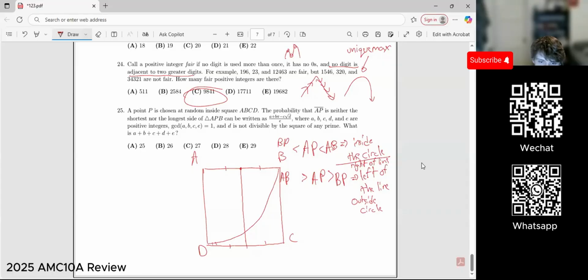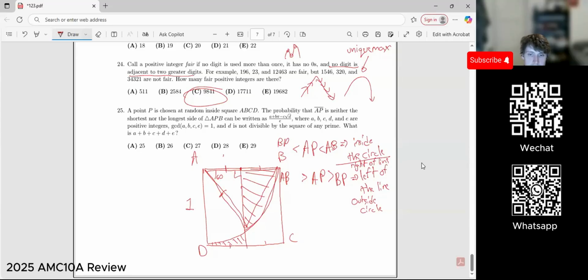So what we basically need to do is, if this is a square of side length 1, find the shaded region that I've just identified. Here, this is a sector of 60 degrees, because this is an equilateral triangle, and this is half of it, and this is a right angle. So this is a 30, 60, 90 triangle.